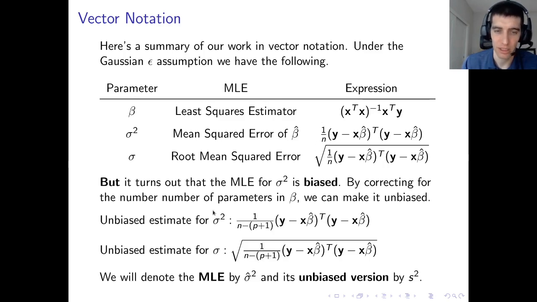Let me just show this. If we correct for the number of parameters in beta, we can make it unbiased. Doing so, we have the following. Instead of dividing by n, I divide by n minus p plus 1 here. So p plus 1 is actually the number of parameters in beta.